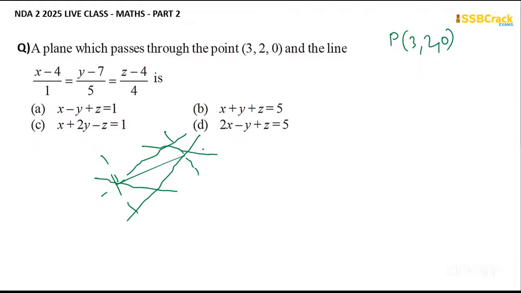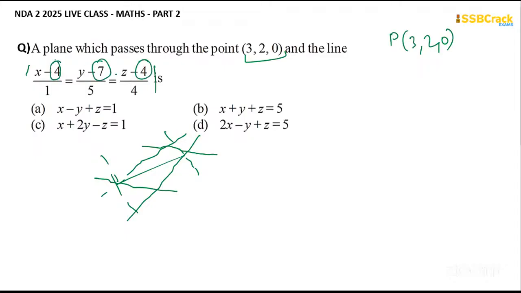But out of these four options that we are given, only one option satisfies the coordinates of the point (3, 2, 0) and (4, 7, 4), because if a plane is passing through this point and this line, then the line is passing through this point.